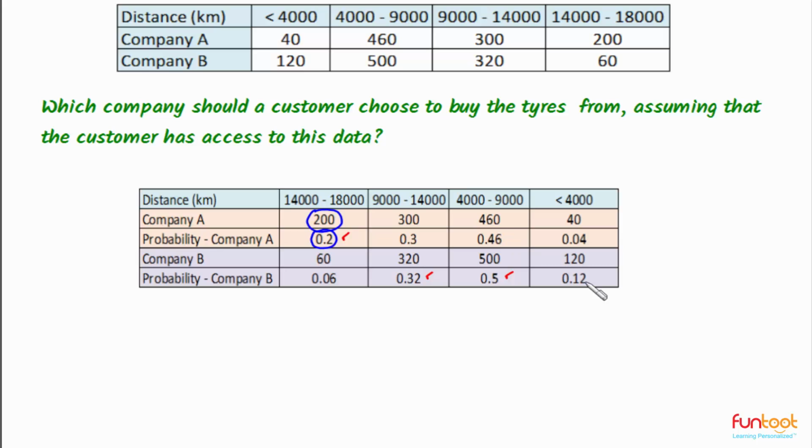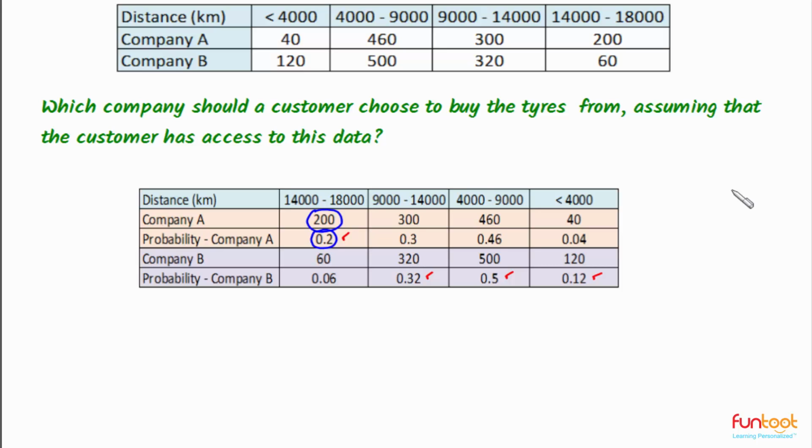And once again, for less than 4,000 kilometers, probability is once again higher for company B. So in the three cases, we are getting the probabilities higher for company B, while in one case it is higher for company A. So how do we decide which company is better for the customer?